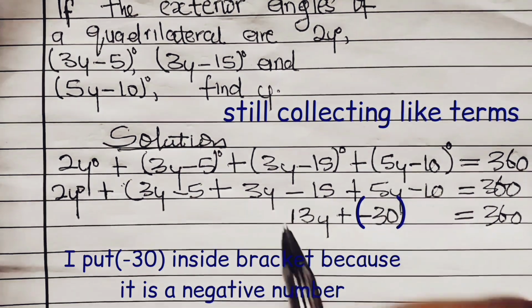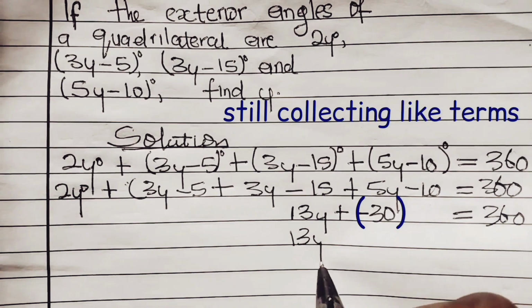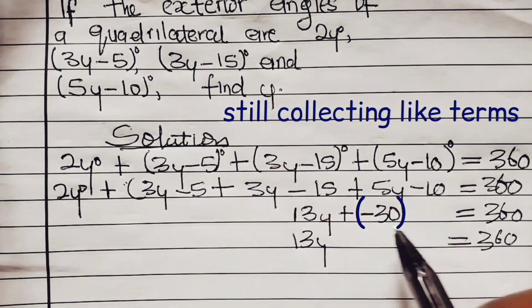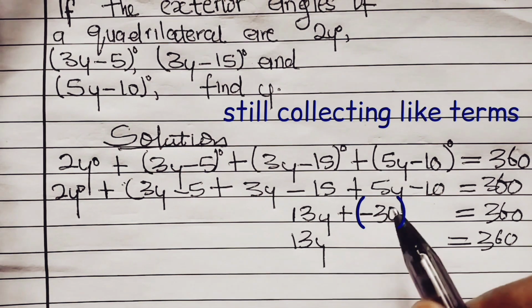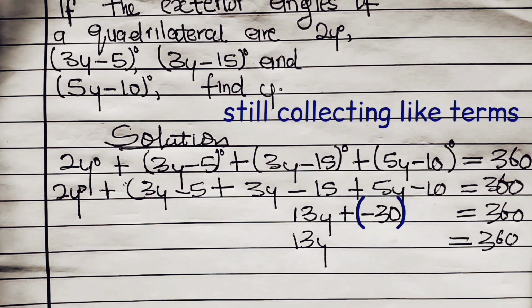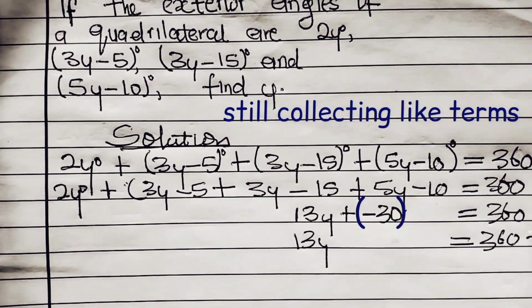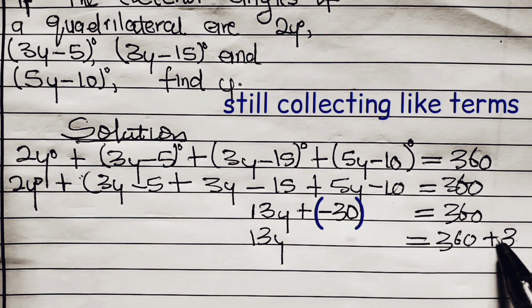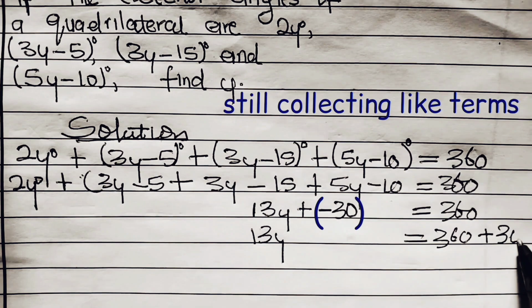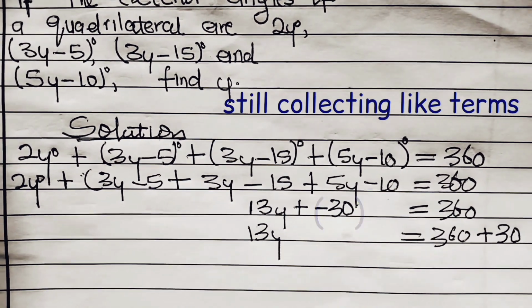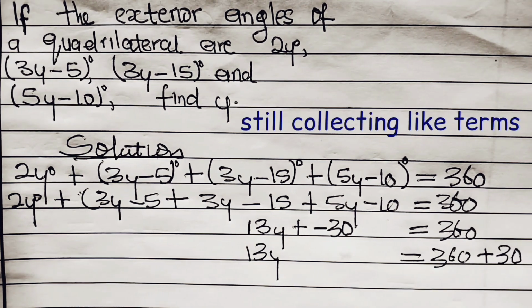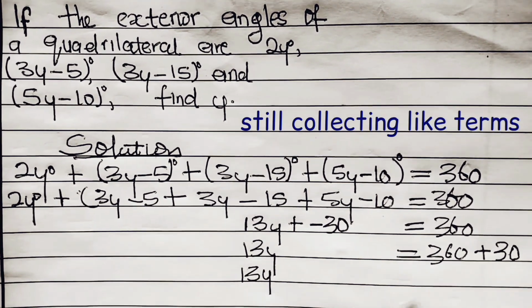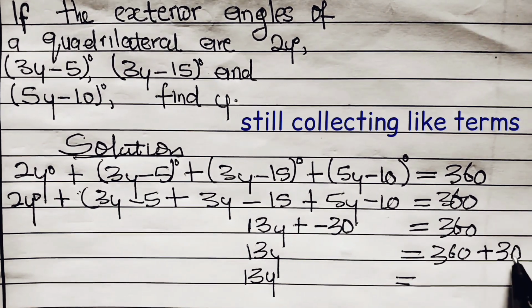So 13y is equal to 360, and the minus 30 comes to this side and becomes plus 30. 13y is equal to 360 plus 30, which gives 390.